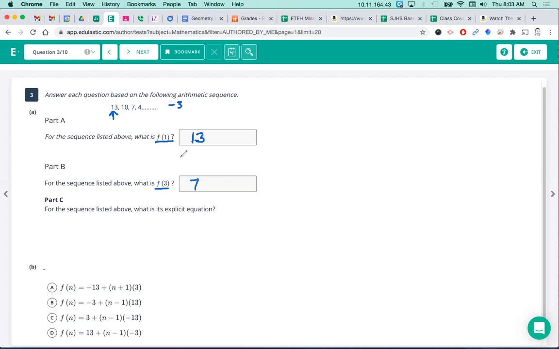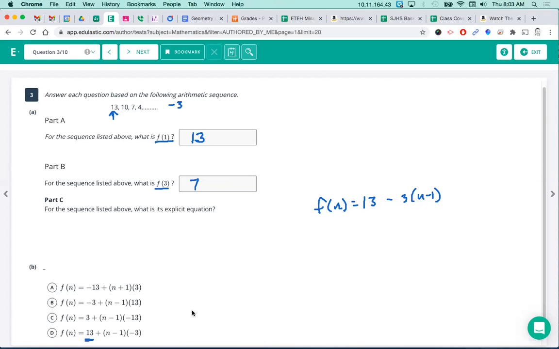So if I were to write it myself, I would get f of n equals 13 minus 3 times n minus 1. Which one of these has a 13 by itself? That's a negative 13, that doesn't work. D looks like the only one that has 13 by itself.